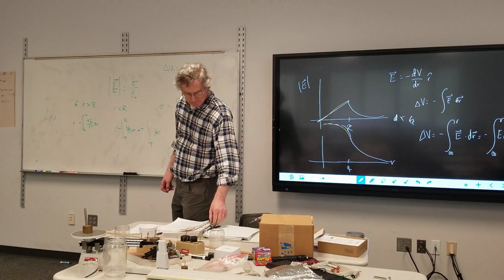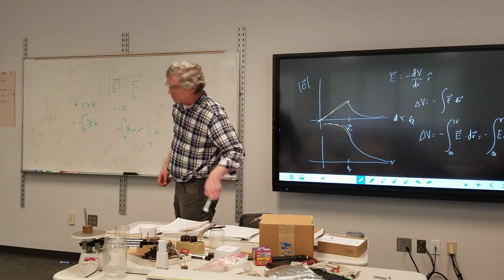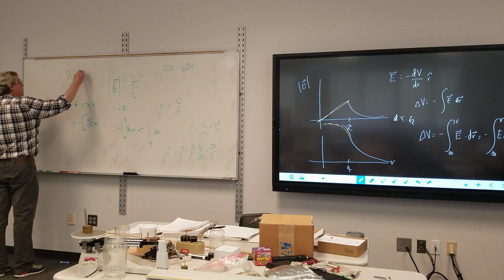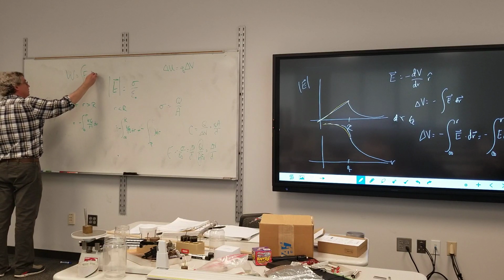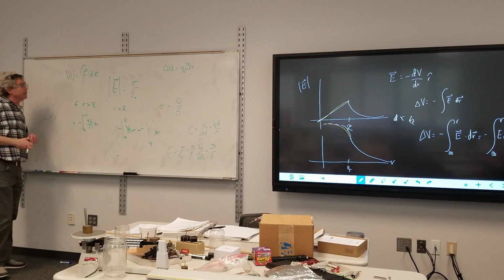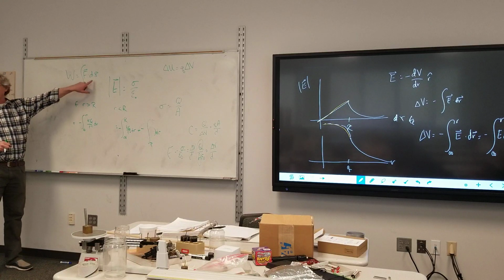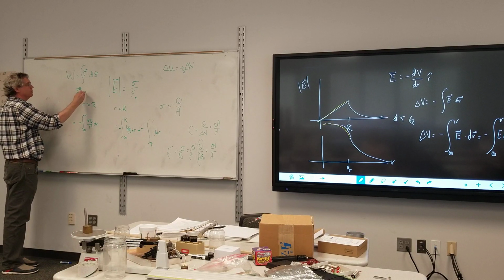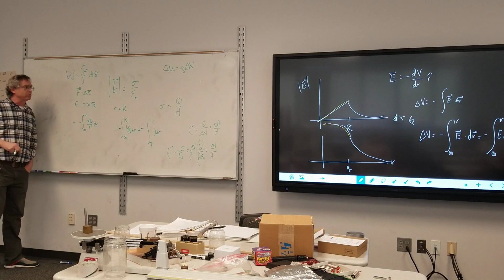Flashback. Work. It's a dot product. If force is in the direction of movement, then it's positive. If the force is constant, you're left with F dot delta S, or delta X, whatever letter you're using.